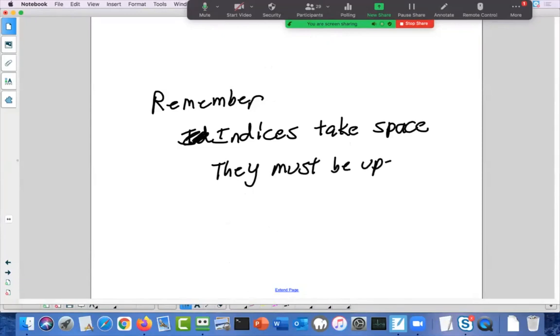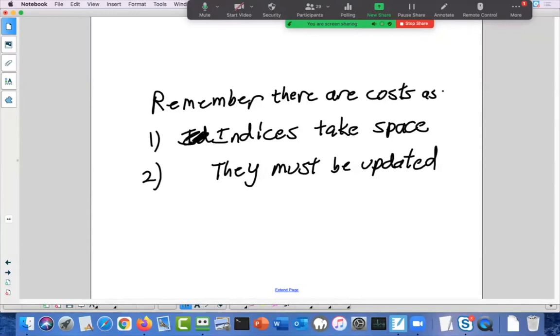So their cost is not trivial. There are costs associated with indices, so you don't automatically index every attribute.